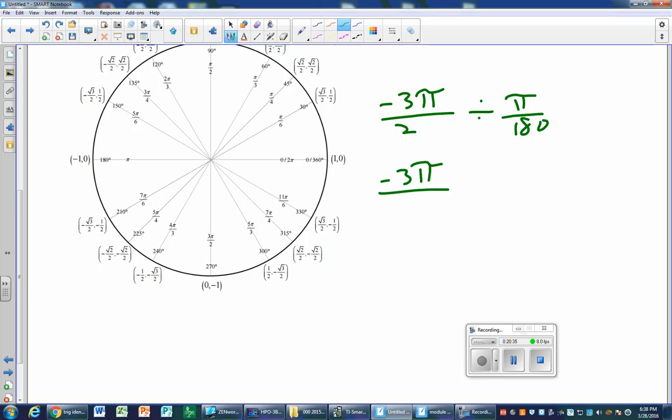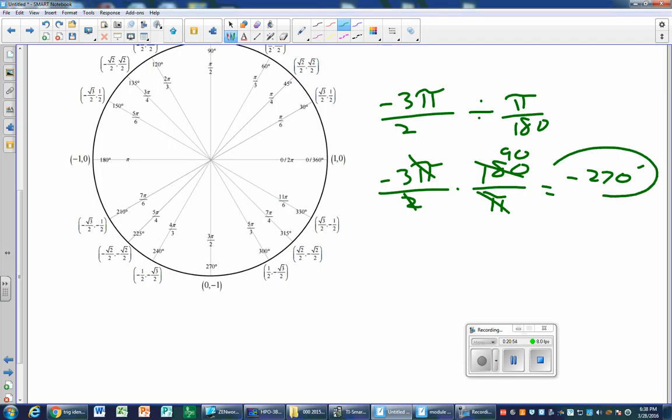Oh, yes, it does, because to divide, you multiply by its reciprocal. The pi's cancel. Can I simplify this? 90 over 1, negative 270 degrees.